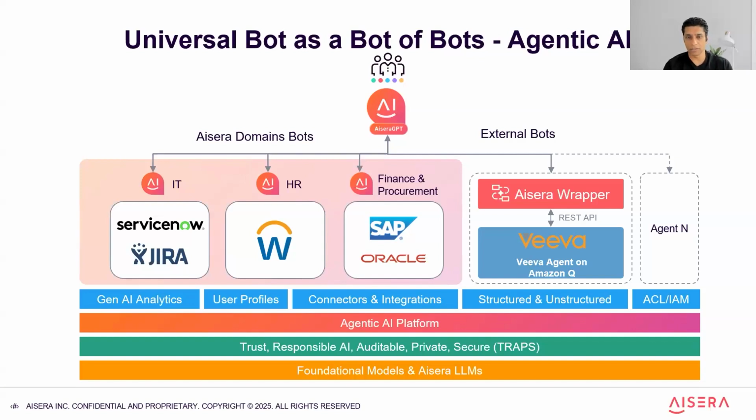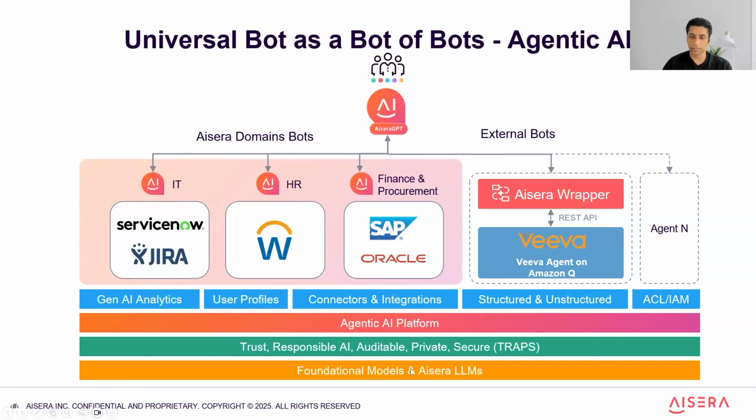IT is a domain, HR is a domain, finance is a domain, customer service could be a domain. We've built a platform that's capable of providing agentic access to a variety of different types of tasks or knowledge across these domains. And John mentioned earlier that we can also go cross-domain, so we can go across multiple domains for a particular use case.